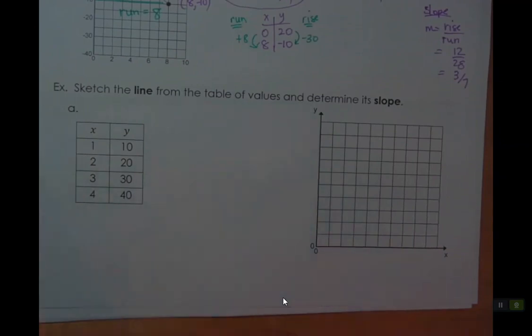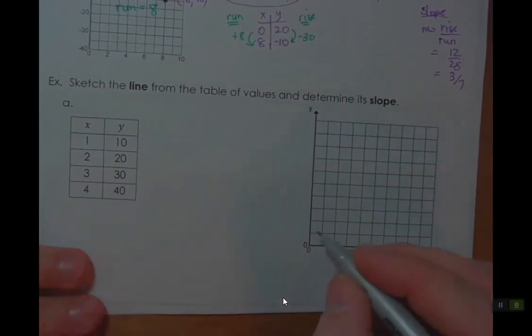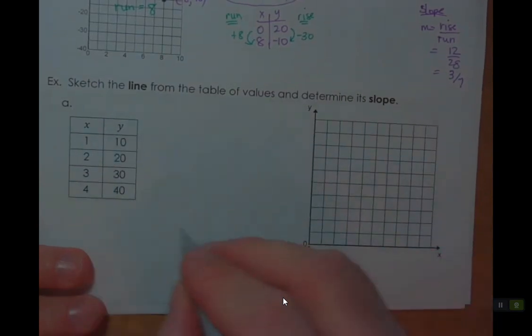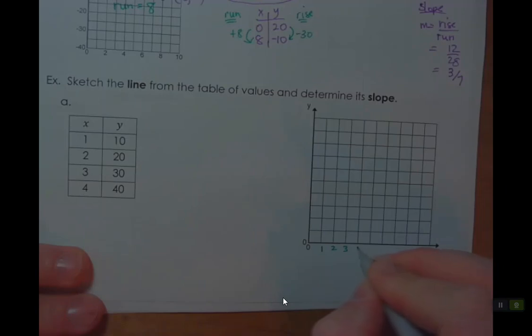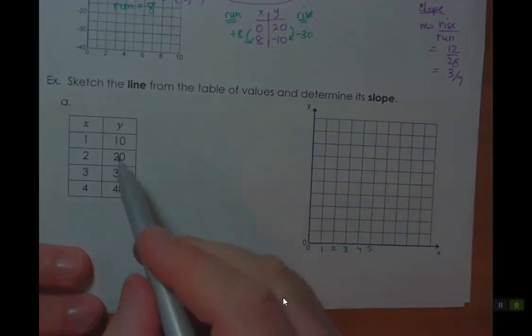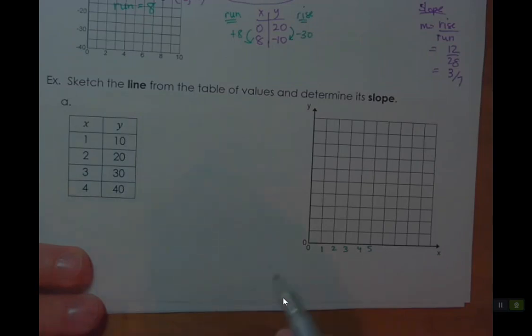All right. Sometimes we have to be able to plot points when given a table. So these numbers are nice for the x-axis. So we can do 1, 2, 3, 4, 5, and so on. Well, these numbers aren't nice. But you know what?